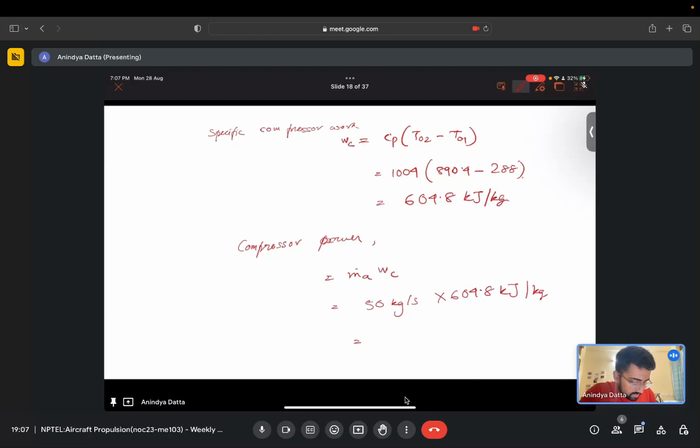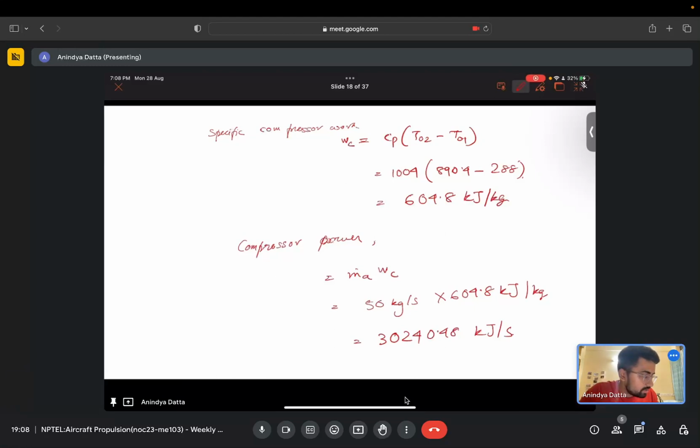So 604.8 into 50 comes out as 30240 kilojoule per second.